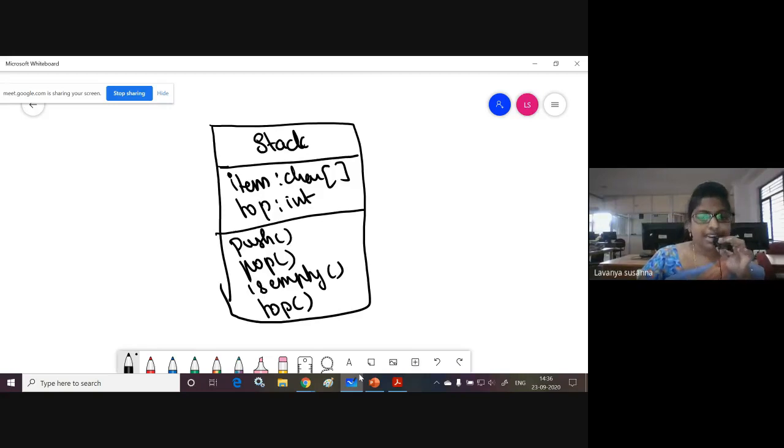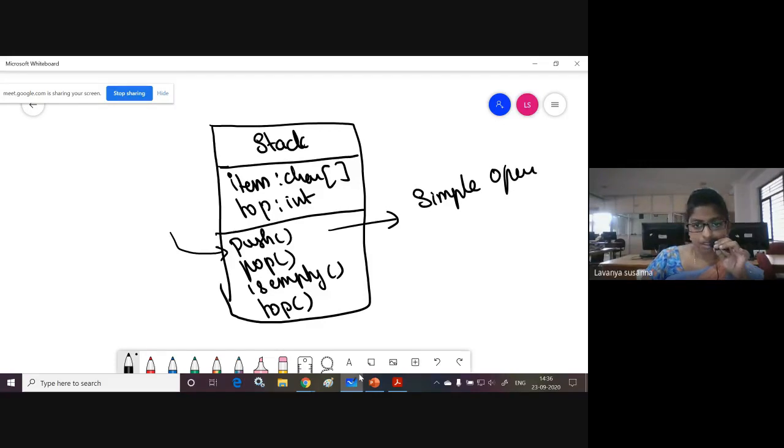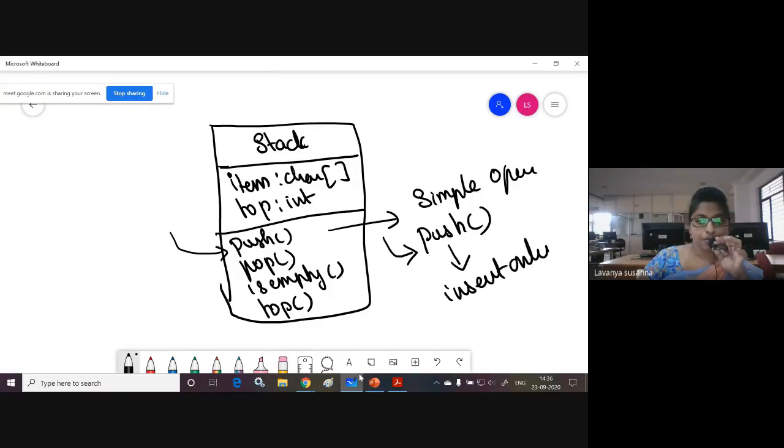While identifying these operations, first you need to identify simple operations. For example, take the push operation. First, this must be a primitive operation. You need to identify this push operation as primitive. That means this push operation must insert only one element into the stack.